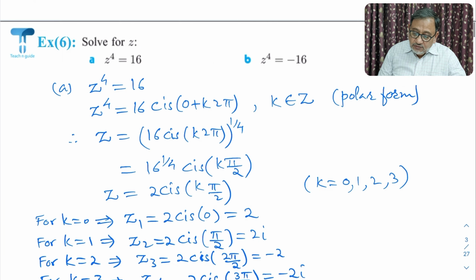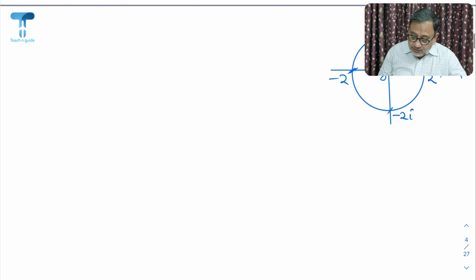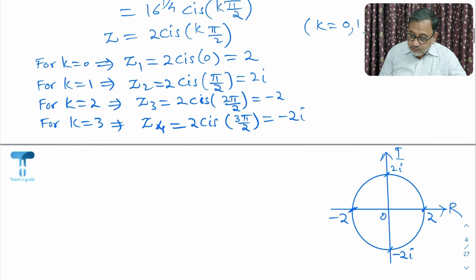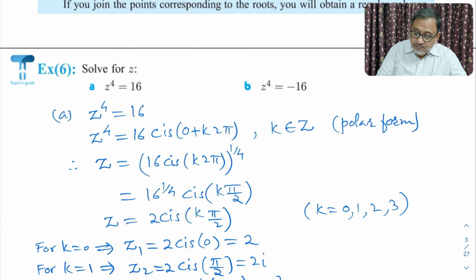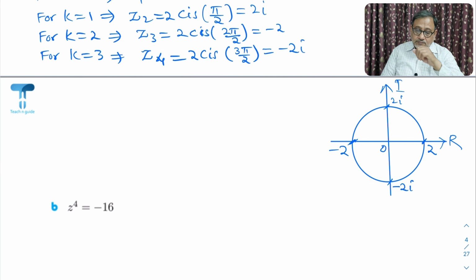I will solve the second question, B part. z to the power 4 is equal to minus 16. I have to copy it here. Yeah, here I will start this. Now z to the power 4 is negative.